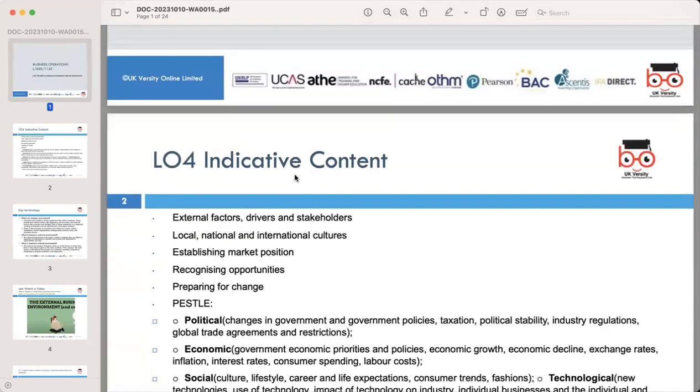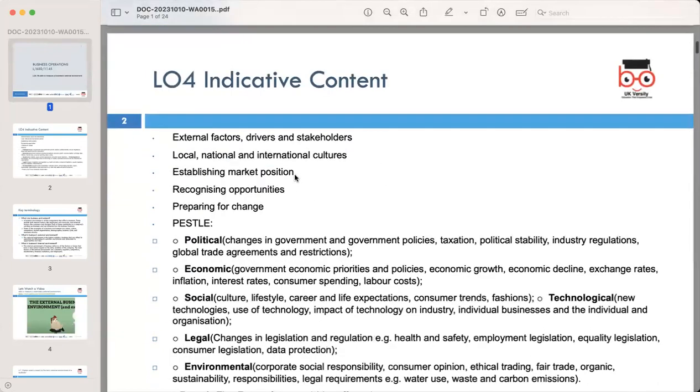So indicative content: external factors, drivers, stakeholders, local and international cultures, establishing market position, recognizing opportunities, preparing for change, PESTLE analysis: political, economic, social, legal, and environmental.